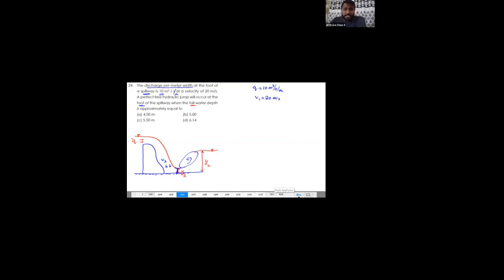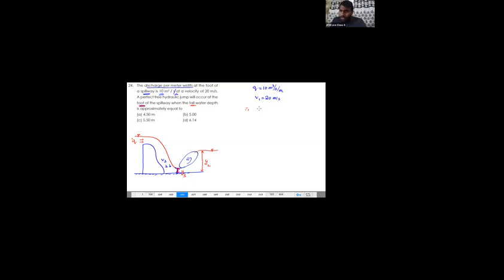In the given question, it is clearly mentioned that the hydraulic jump happens at the foot of the spillway, not away from it. So the inlet depth at the foot of the spillway is going to be the pre-jump depth. First of all, let's find out this y1.